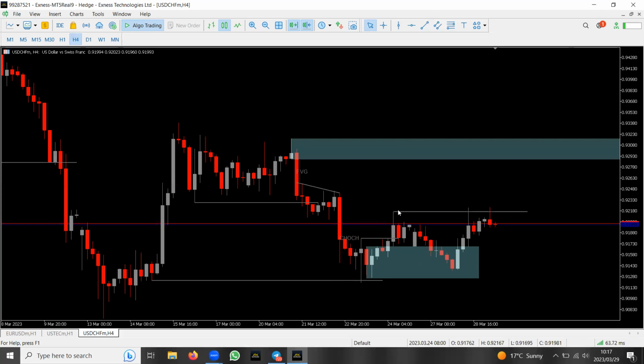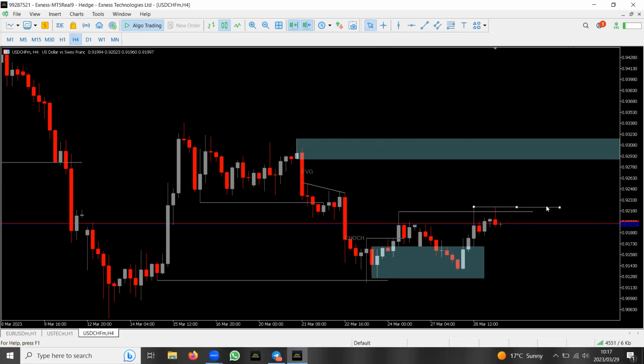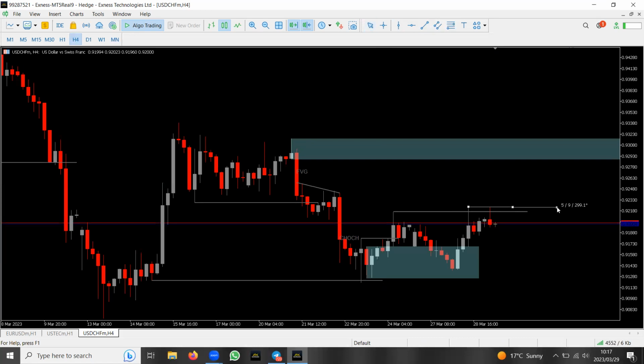Price retraced here, and you could see a couple of touches. It made another pool of liquidity, which is equal highs here. That was a liquidity grab, as you could see. We don't see a valid break of structure here.